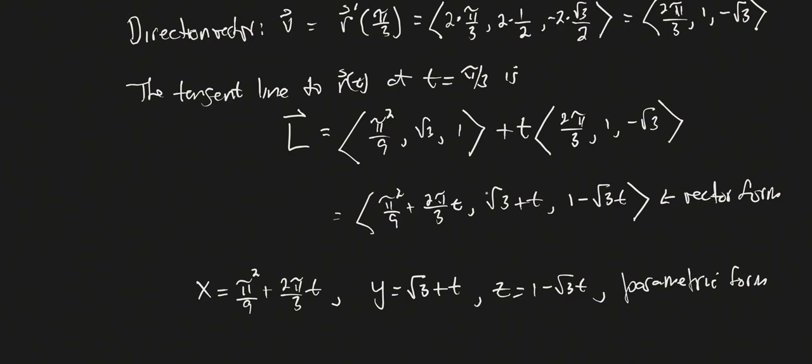Very similar to Calc 1, when you're finding the equation of a tangent line, you need a point it passes through, usually found using the original equation, and then you find the derivative evaluated at the point to get the slope of the tangent line. The difference is now we're using vectors as opposed to slopes.